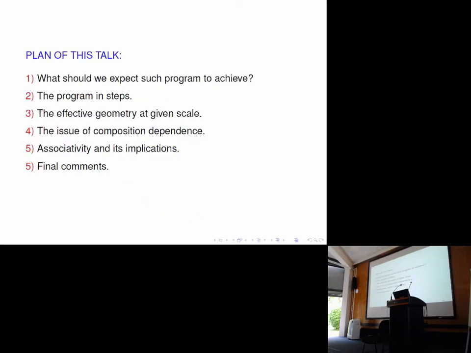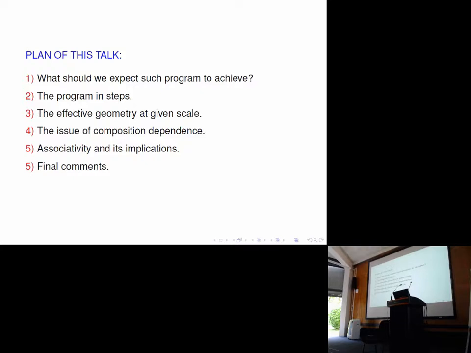The plan of the talk is, well, what should we expect the program of the recovery of space-time, classical notions of space-time, to achieve, and how we visualize that program as divided into some steps.